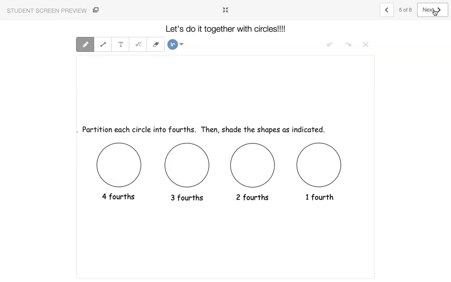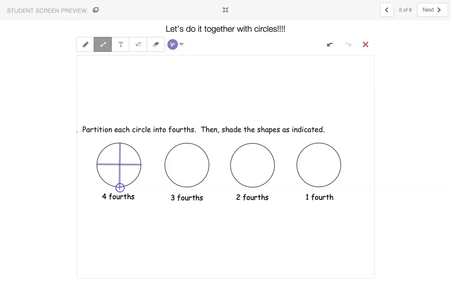So now let's do it with circles. We're going to take each circle and partition it into 4ths and then shade as we're directed to shade. All right, so let's do our partitioning. First I'm going to do my horizontal line, then I'm going to do my vertical line.